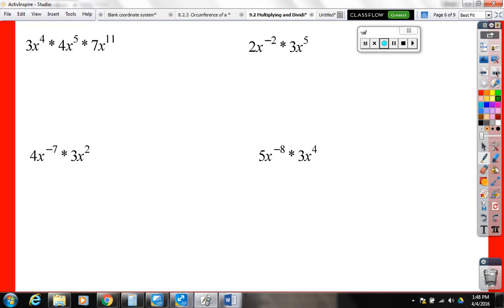84. Good. X. 4 plus 5 is? It would be 9, right?